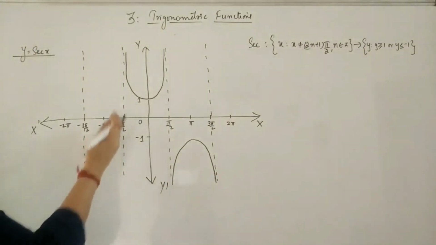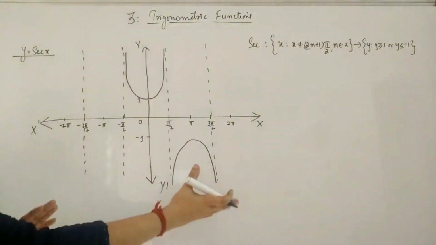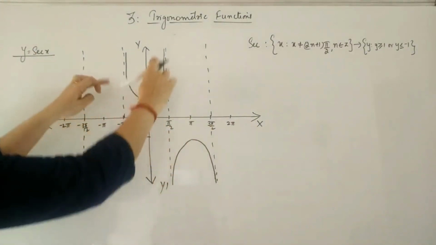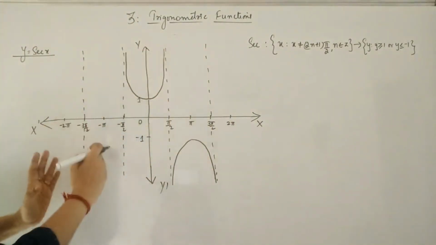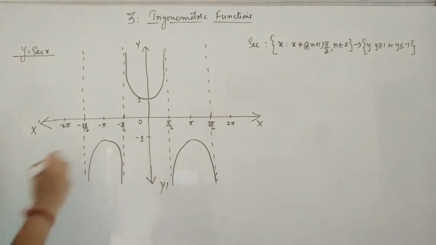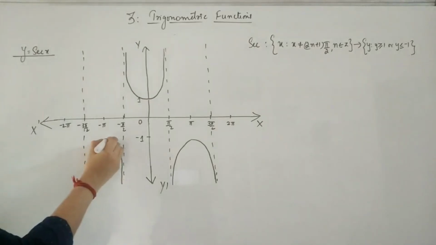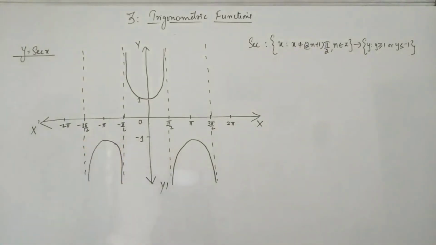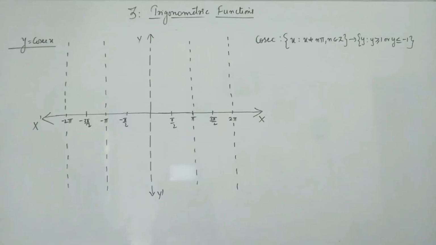Here also it will have, so alternate you have upward and downward. In each interval you have here upward, then downward, here again this is upward, here you will have that downward position. Okay, so this is your sec value. Got it?